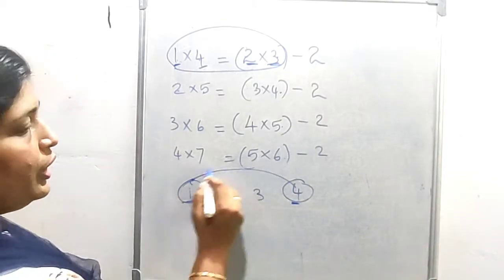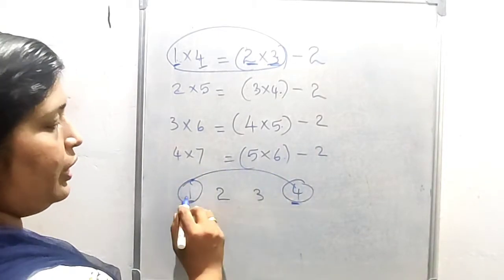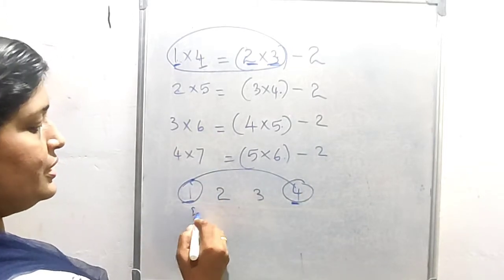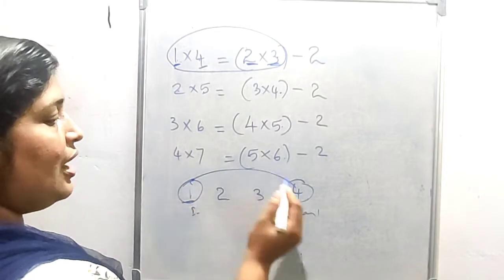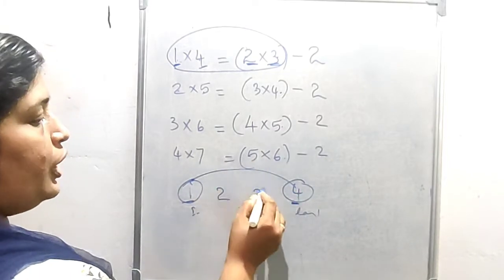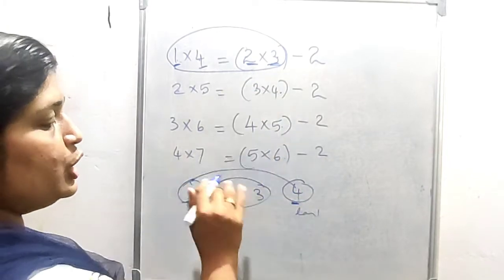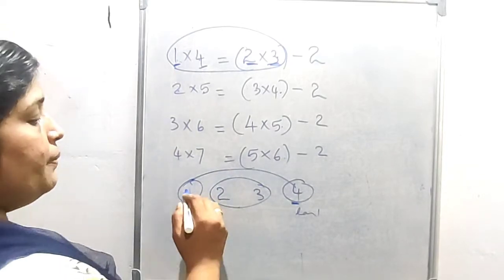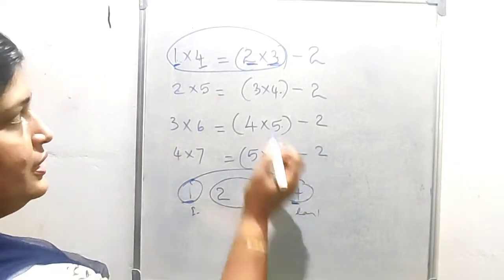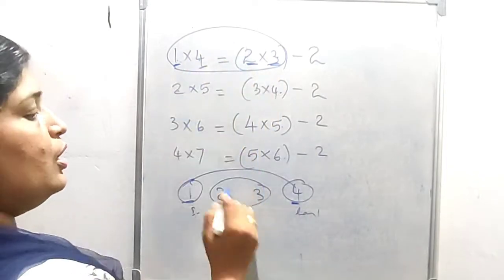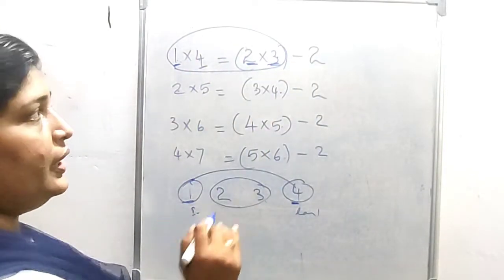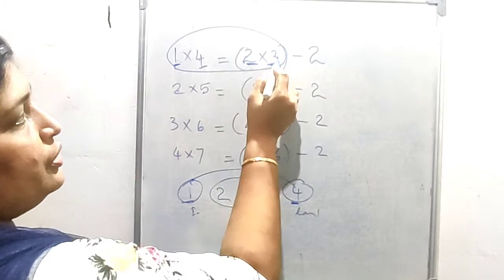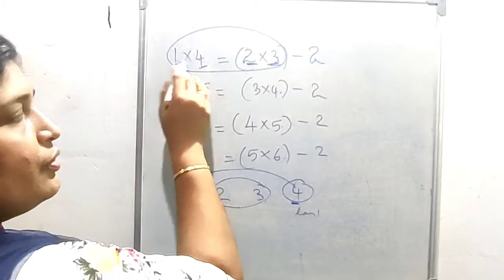The product of the first and last, this is the first number and this is the last number, is equal to the product of the middle two minus 2. Product of the first and last, 1 into 4, is equal to the product of the middle numbers minus 2. We can check that. See, 2 into 3 is 6, 6 minus 2 is 4.